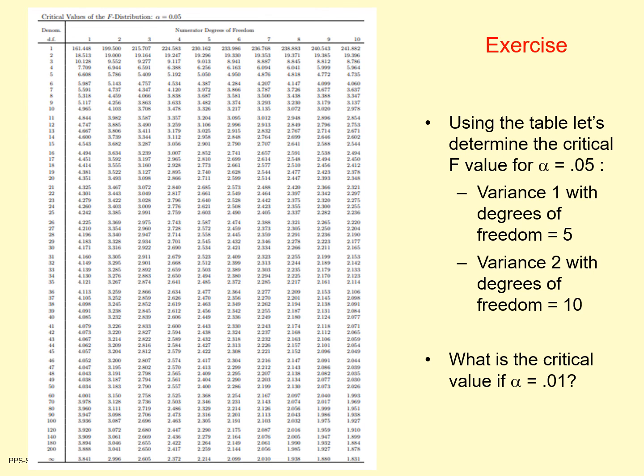So let's give this a try. Let's use the table to determine the critical F value for alpha equals 0.05 with variance 1 of degrees of freedom 5 and variance 2 with degrees of freedom 10.